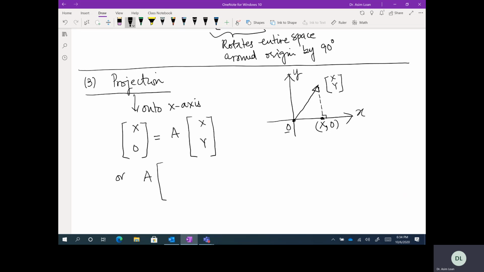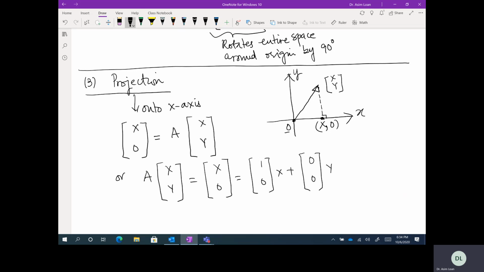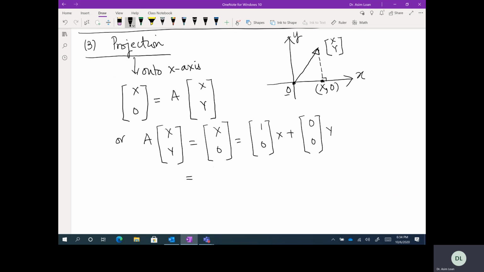A times (x, y) equals (x, 0), which is equal to (1, 0) times x plus (0, 0) times y, which is equal to the matrix [1 0; 0 0] times (x, y).